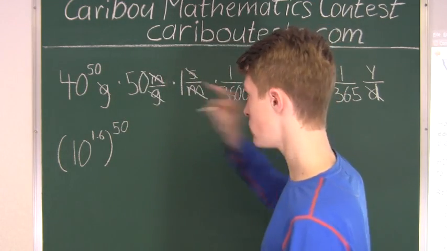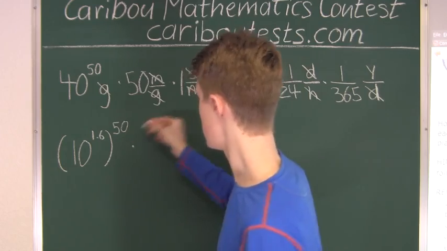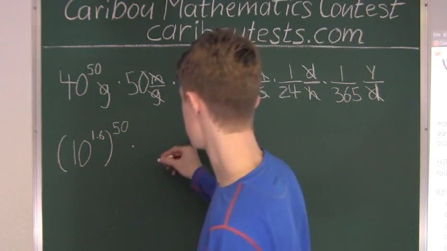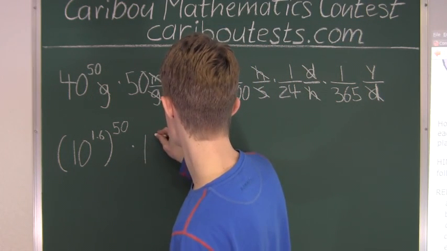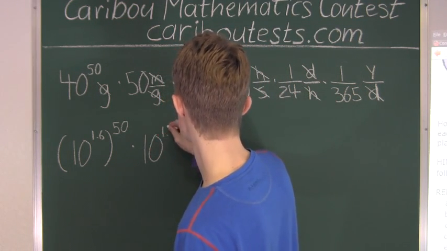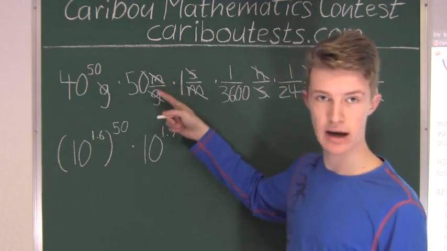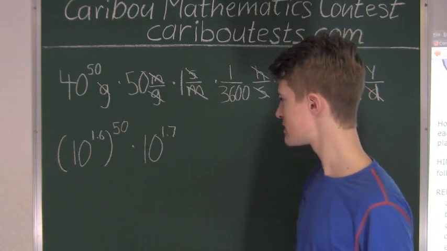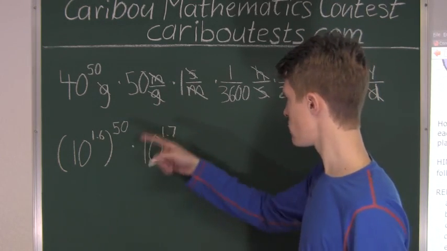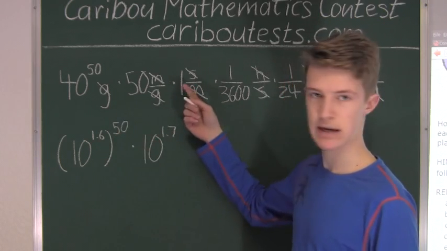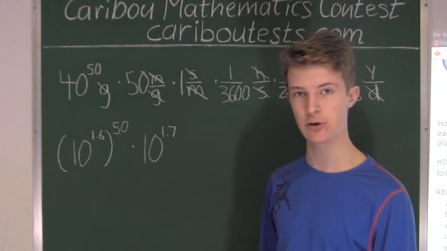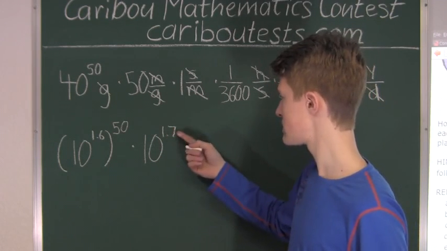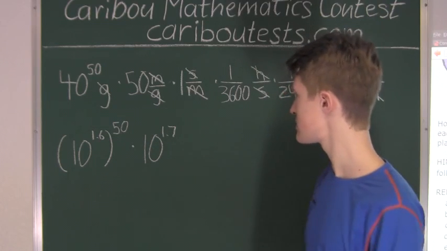Now we have times 50, and 50 is 10 to the power of 1.7. Then we have times 1, which we can just leave because it stays the same. Or, following the same pattern, 1 is 10 to the power of 0, and adding 0 to 1.7 using the power rules, it's still 1.7.